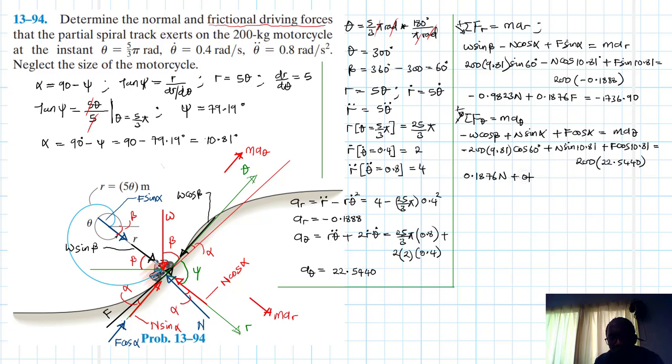This is 0.9823 F, and this is equal to 200 by 22.5440, plus 200 by 9.81 cos 60.